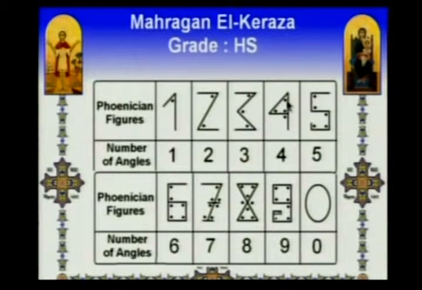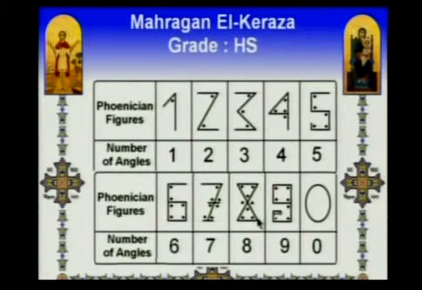The next one has 4 angles: 1, 2, 3, 4. The next one has 5 angles. The next one has 6 angles, and this stands for 6. 7 they used to write this way, with a line in the middle and a line at the bottom. When you count the angles, there are 7 angles. That's why it is 7.